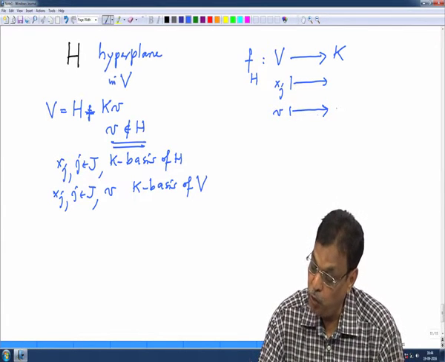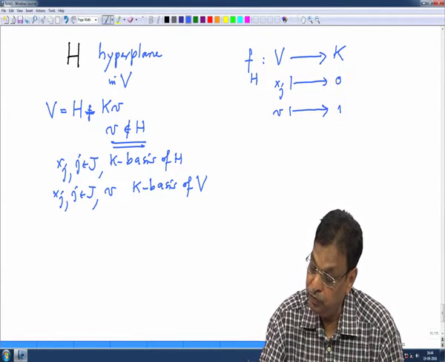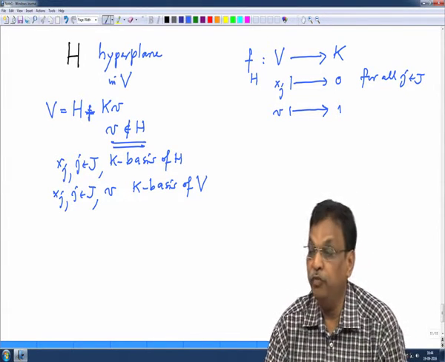So, I will map v to 1 and all xj's to 0. And then I get a linear form from V to K.